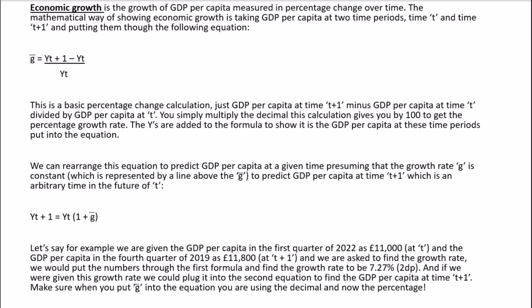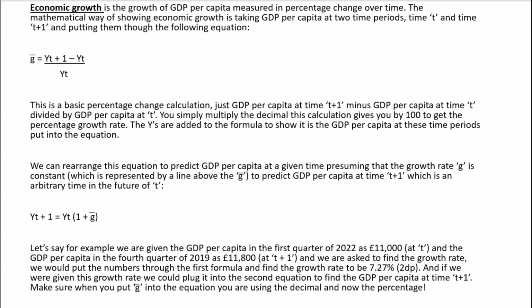We take GDP per capita at time t plus 1, subtract the initial GDP per capita, and then put that over the initial GDP per capita. So this is a basic percentage change calculation. I'm sure you saw it many times before.